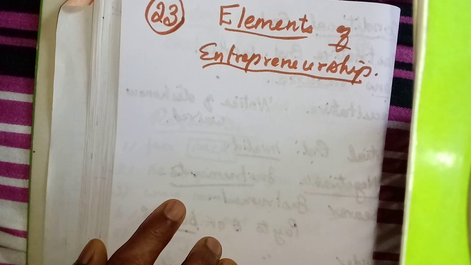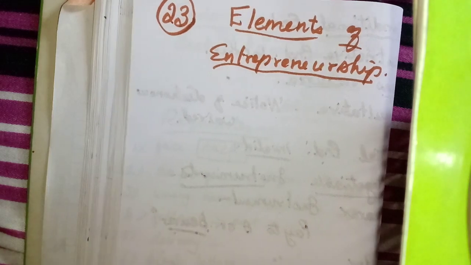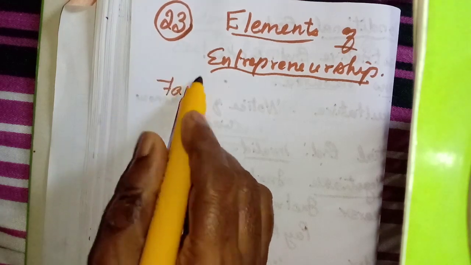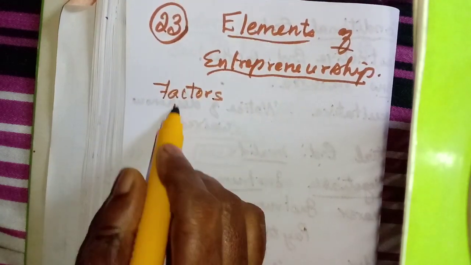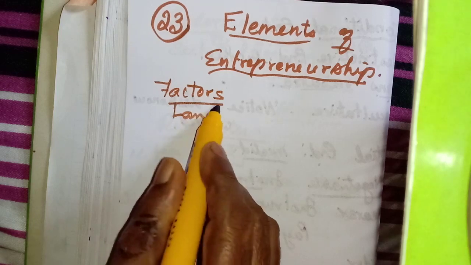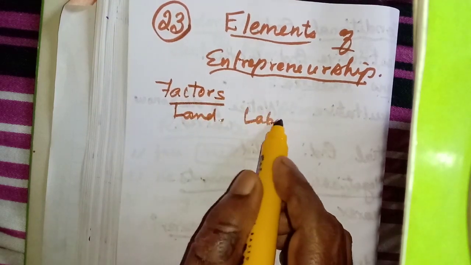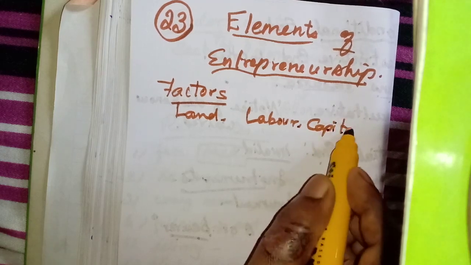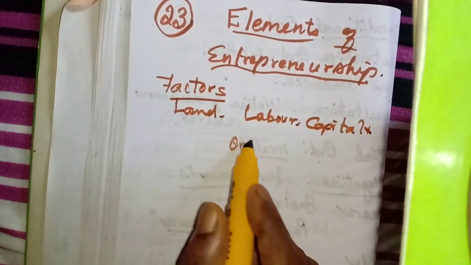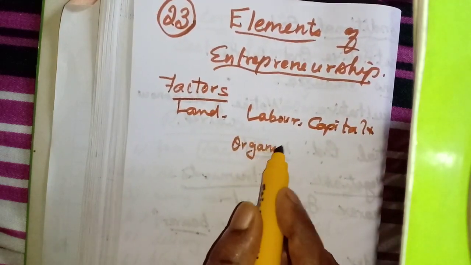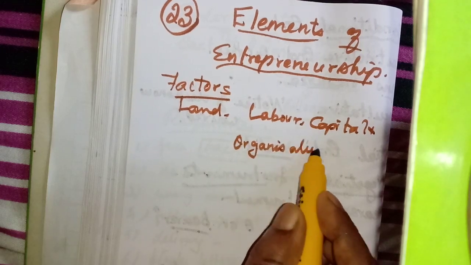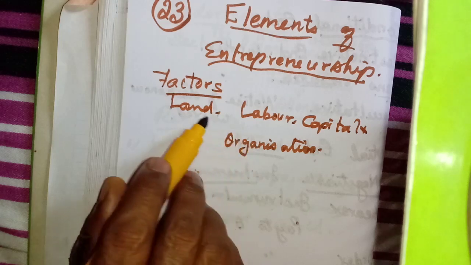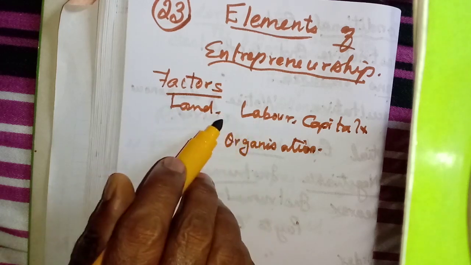So we know the four factors of production, isn't it? The factors of production are land, labor, capital, and organization. This organization only is called entrepreneurship. He has to organize all the other factors of production.